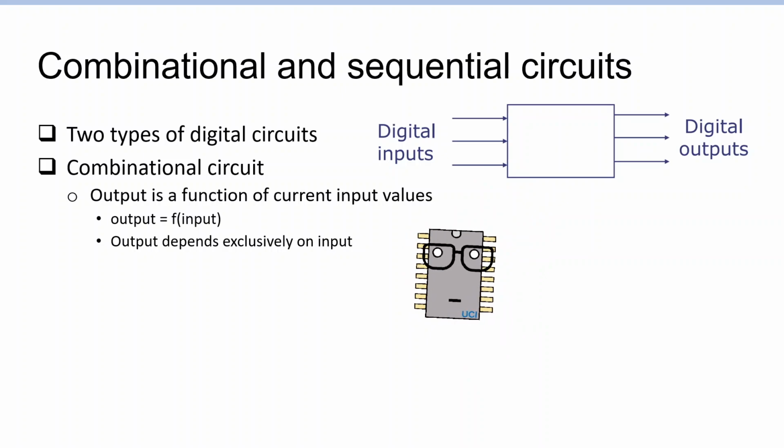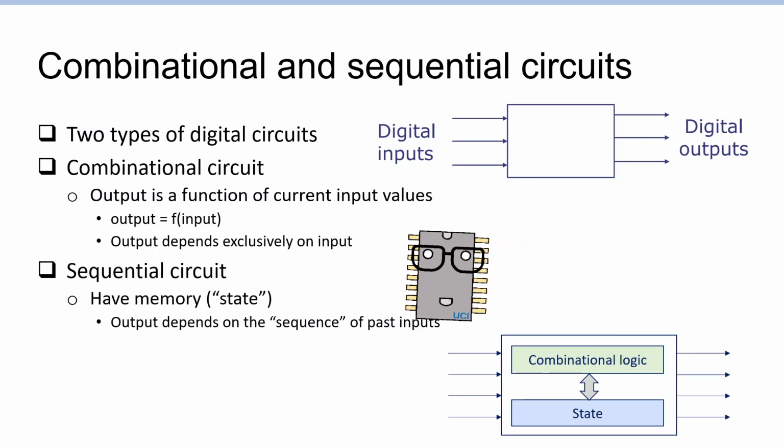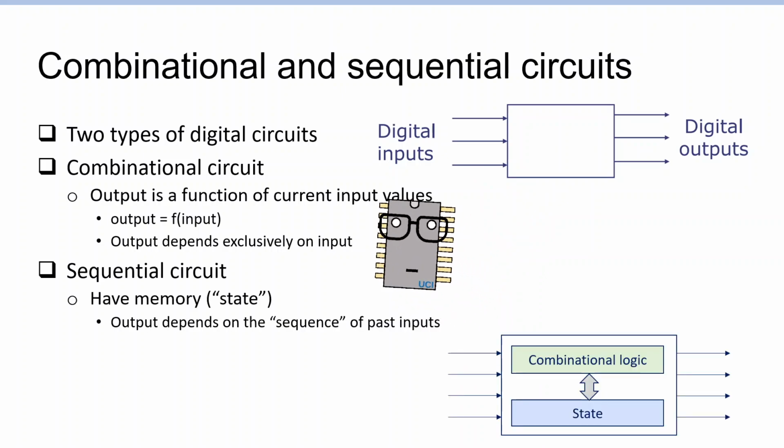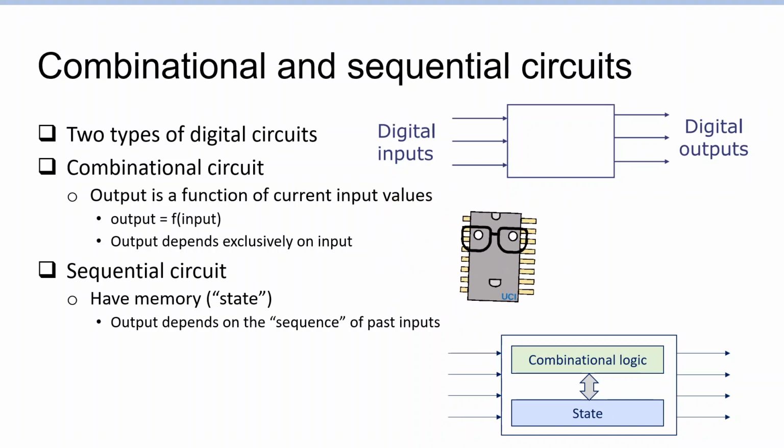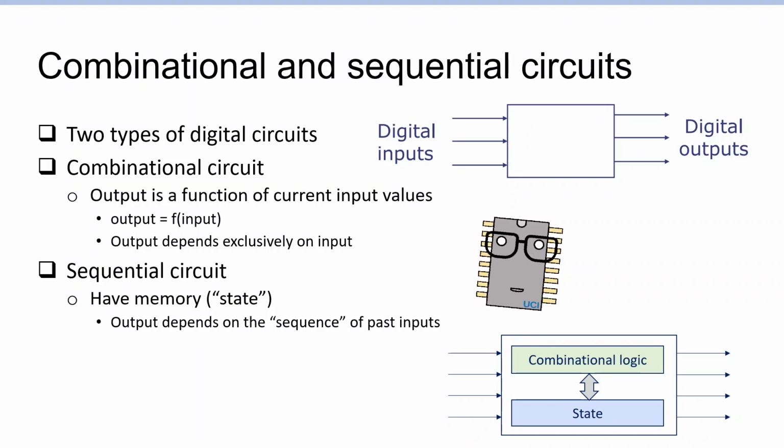As opposed to a sequential circuit, which has memory, so-called state, and the output depends on both the current input and the sequence of past inputs, which would have affected the current stored state, hence the name sequential circuit.